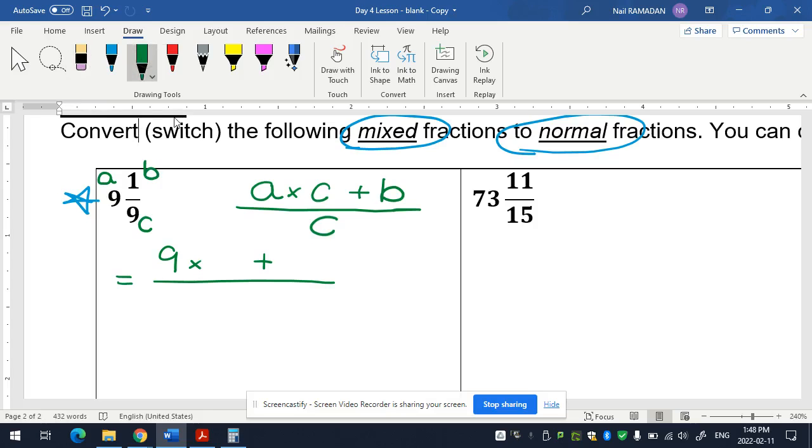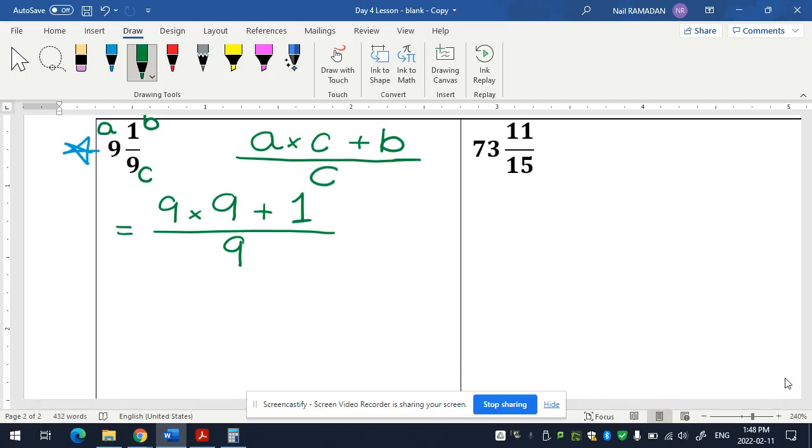So a times c, here's the a, here's the c. Yep, 9 times 9 plus 1 over c, which is 9. Okay, we're almost done. Equals. I'm going to erase this a little bit and just make it smaller.